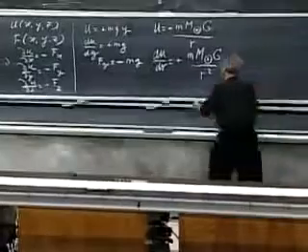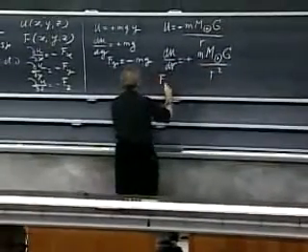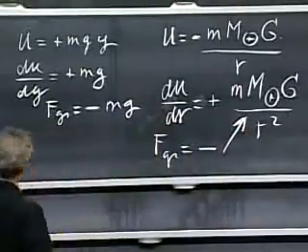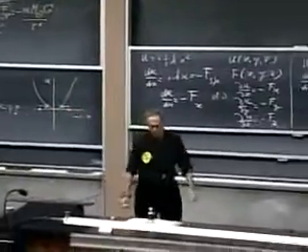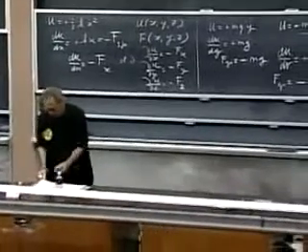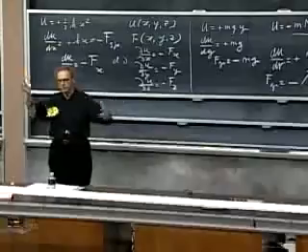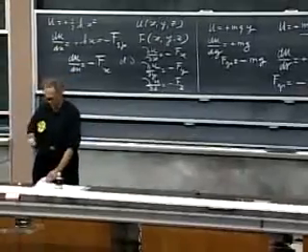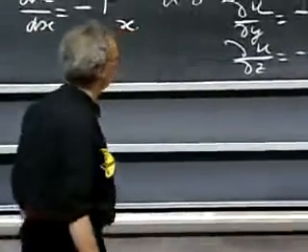So the gravitational force equals minus that. It is minus du/dr, and indeed that's exactly what we have there. So whenever you know the potential as a function of space, you can also always find the three components of the forces in the three orthogonal directions.